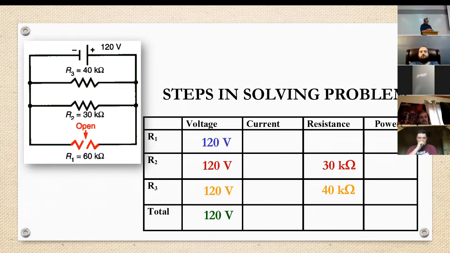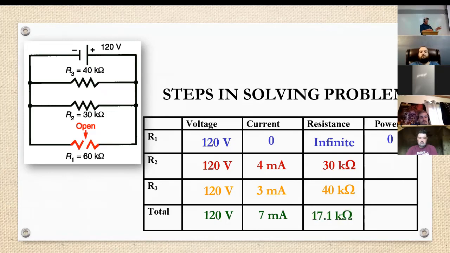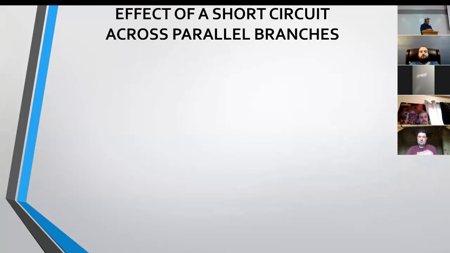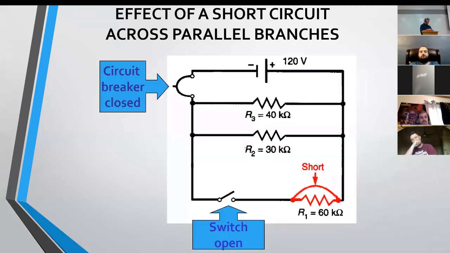How do you know? I mean, you can't necessarily see that open circuit. You'll have to be able to see it using test equipment like a multimeter. And by taking measurements and filling in these tables, either in your head or on paper, then you can figure out what's going on.